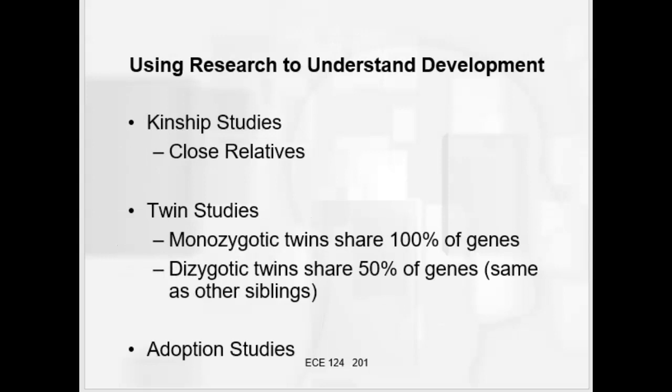Many researchers are trying to understand how genetics really play into how we develop. And there's different ways in which we research this. We certainly look at kinship studies, which means close relatives, twin studies, whether it's monozygotic twins or dizygotic twins, and then obviously adoption studies. It used to be historically that if a pair of twins were given up for adoption, sometimes it's easier to have one child adopted versus twins.